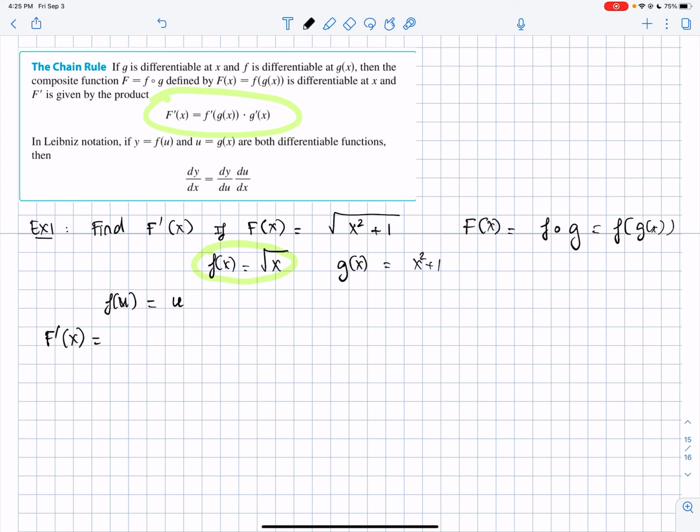I will take the first derivative of the function f, which is square root of u.